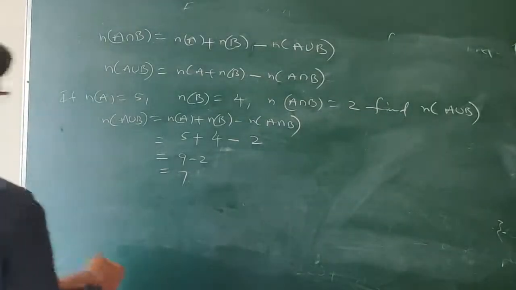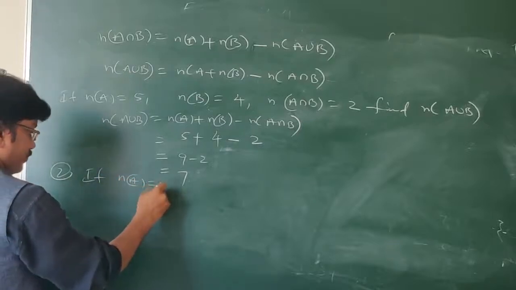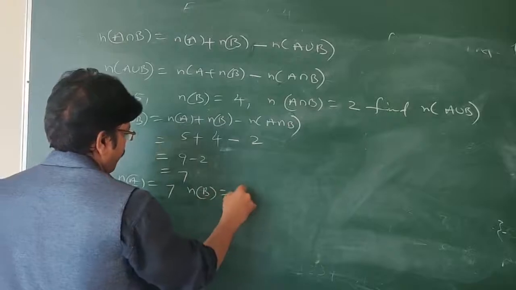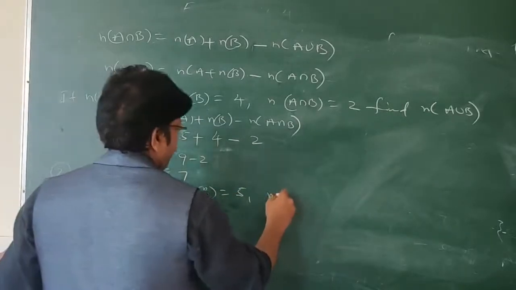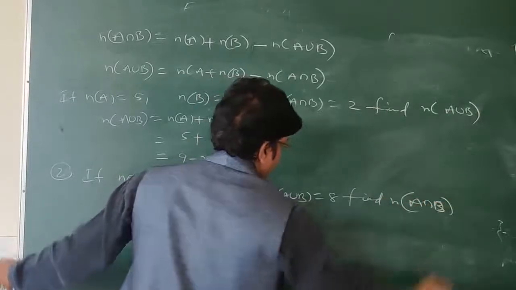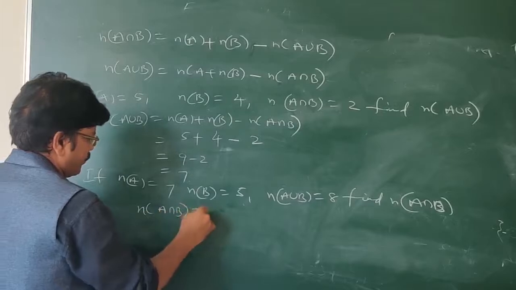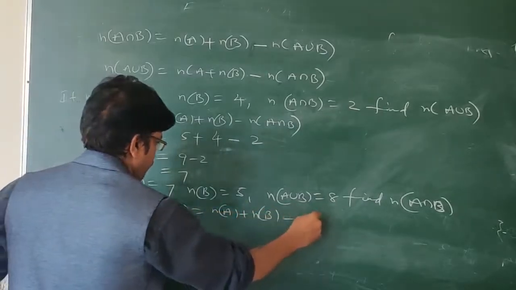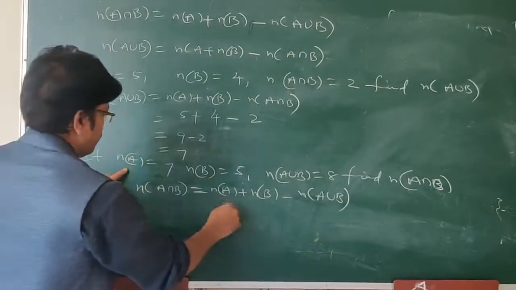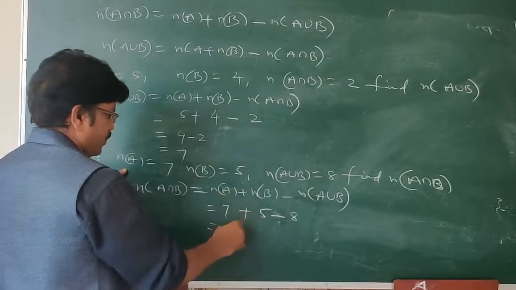Okay. Now another one. If n of A is 7, n of B is 5, n of A union B equals 8, find n of A intersection B. Now write the formula. n of A intersection B equals n of A plus n of B minus n of A union B. Okay, substitute. n of A is 7, plus n of B is 5, n of A union B is 8. 7 plus 5 is 12, minus 8.